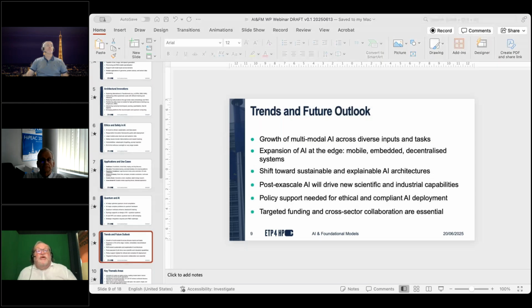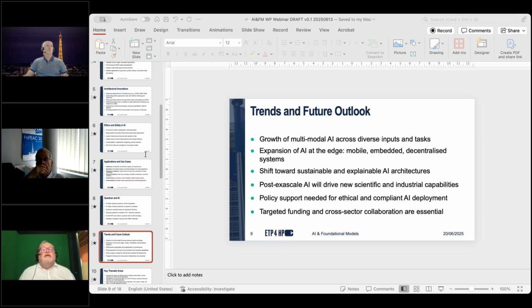Now, if we move into trends and future outlook. So our key trends that are shaping the future can be summarized as follows. So we have AI workloads shifting from centralized training to decentralized inference.